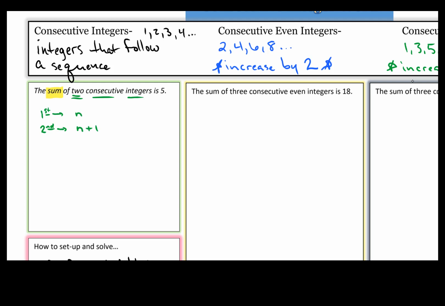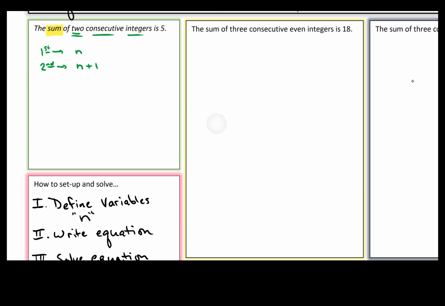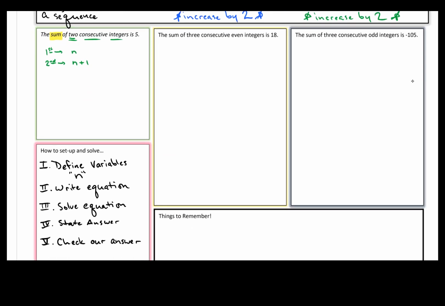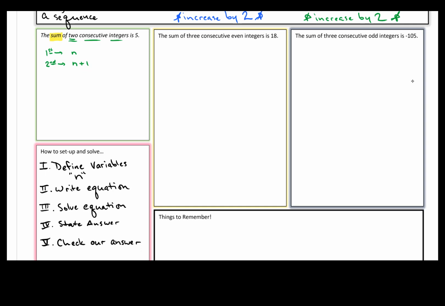Now the next thing that I'm going to do is write my equation. So the equation for this, since it says sum, I'm adding these two. I'm adding the first integer plus the second integer. And when you add those together, they should equal 5. So this is like saying n plus n plus 1, if we just substitute up here.